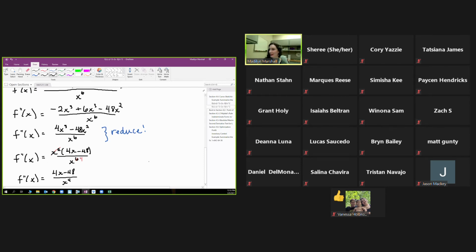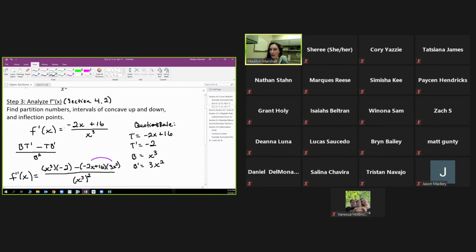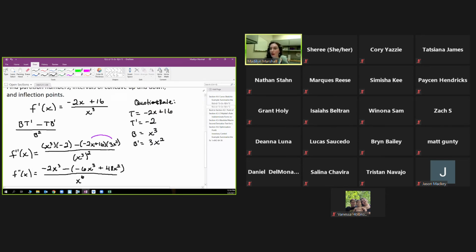Okay, awesome. So we haven't actually done anything with the second derivative yet. Our next step is to find the partition numbers, which is the exact same thing we were doing with the first derivative.